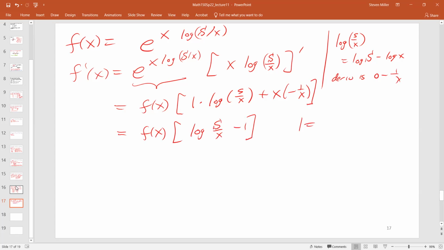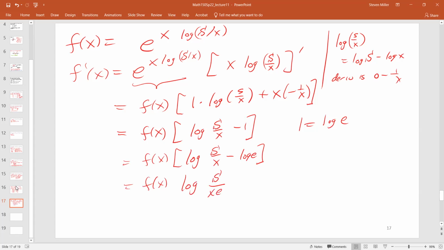But 1 is equal to the log of what? Of e. So this is just f of x times the log of s over x minus the log of e. So this is f of x times the log of s over x times e.